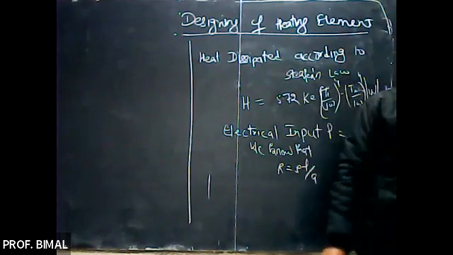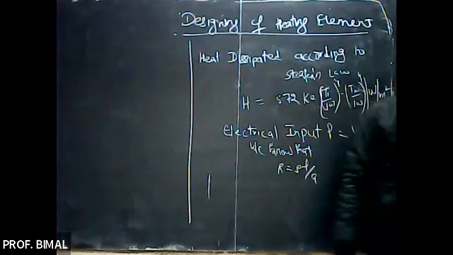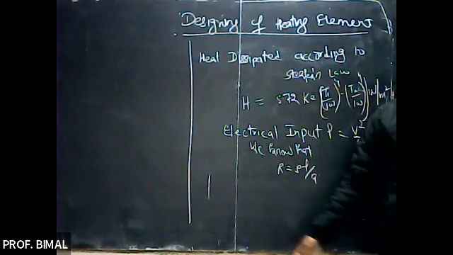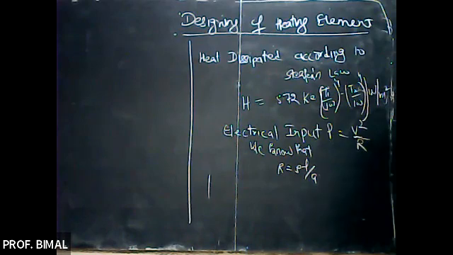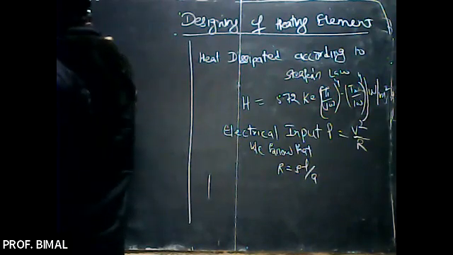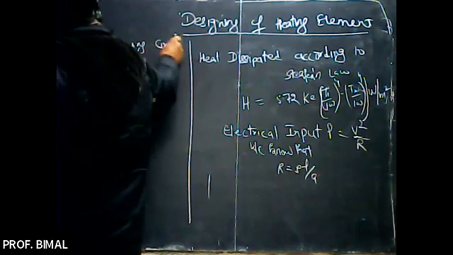This will be different if it is used as a rectangular strip or rectangular element, and it will be different if it is used as a circular wire, right? So here I am substituting A = pi d^2/4, assuming a circular wire.